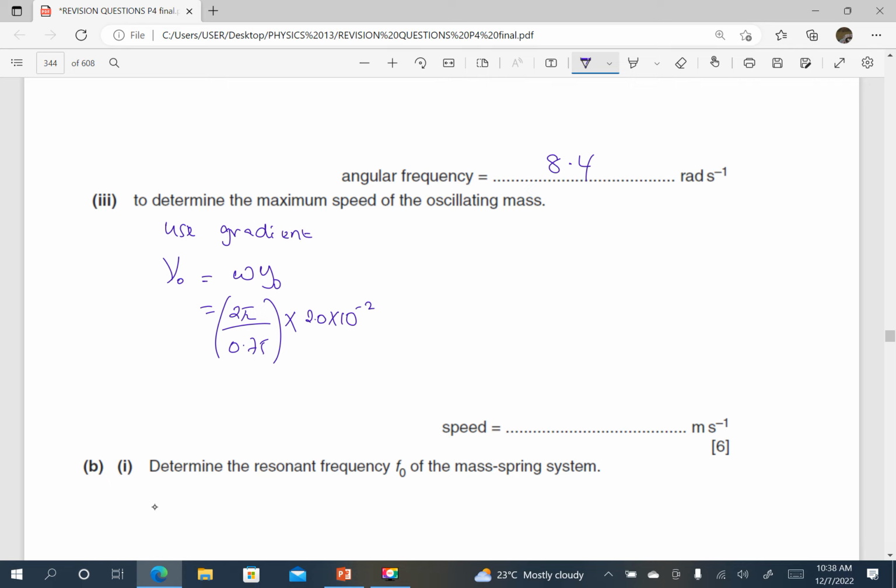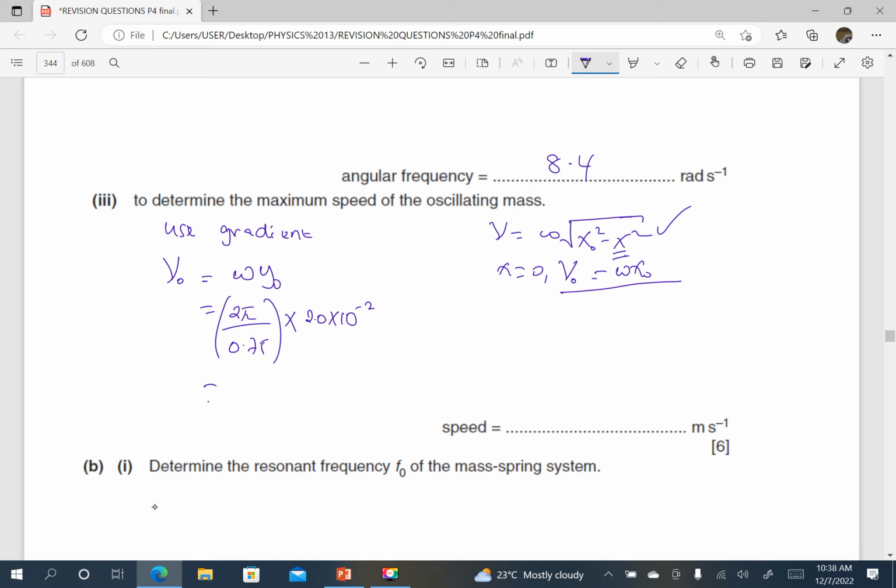Remember maximum velocity, we said velocity is equal to omega square root of x naught squared minus x squared. Velocity is maximum when the body is passing equilibrium, that is when x equals 0. So when x equals 0, V is maximum, and it was omega times x naught from that expression. When I put 0 there, I remain with the root of x naught squared, which gives me maximum velocity as that.